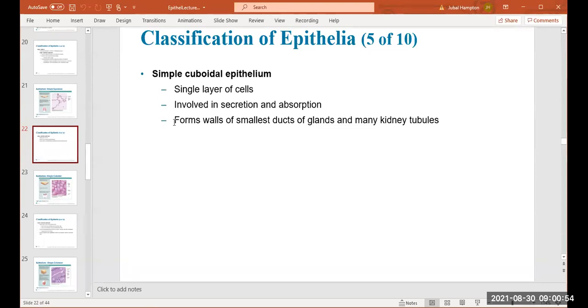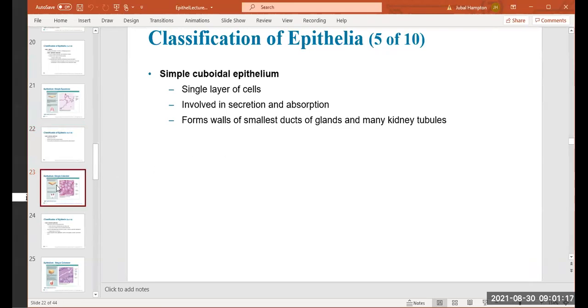Cuboidal is going to be either single or stratified. There are rare examples in the body of stratified cuboidal epithelium, but for the most part, single layers, simple, is the construct. And these are going to form the walls of very small ducts or glands, and of course, the tubules of the kidney.